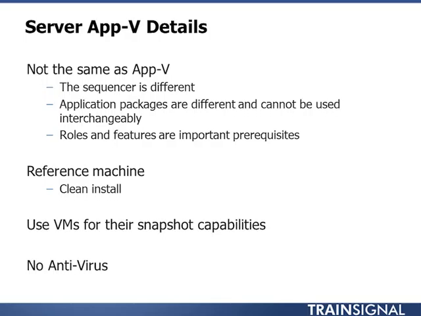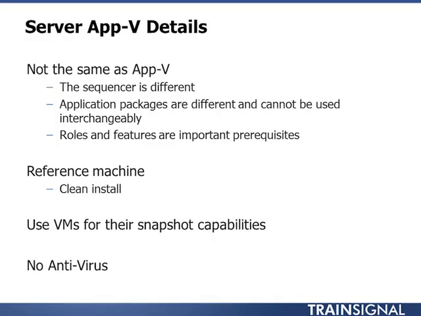They are not important. Also, server AppV is dealing with server class applications, so it will take into account additional configurations, additional registries, whereas regular AppV does not. So there's a lot of difference between AppV and server AppV, and it's important for you to always remember that.